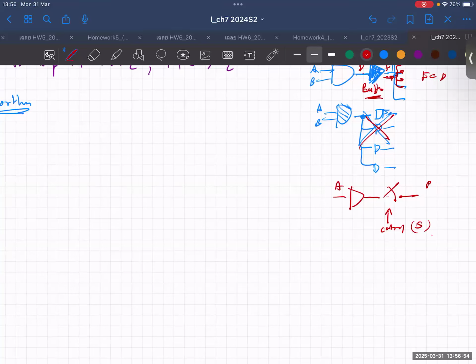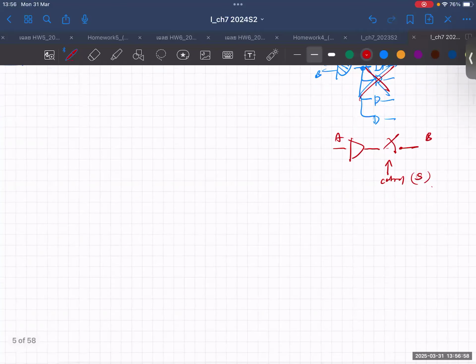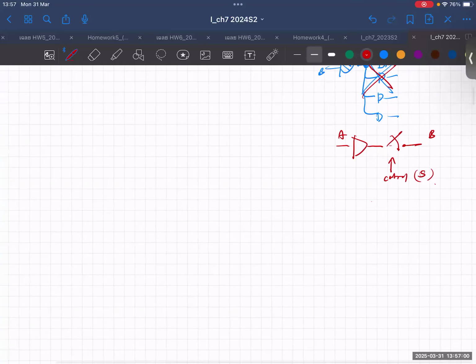So this is A, this is B, and of course the state. There are three states now, depending on S. If S is 0, then what is B? B is high impedance, or you can say that it's floating. It looks like you have a switch, and this switch is open.